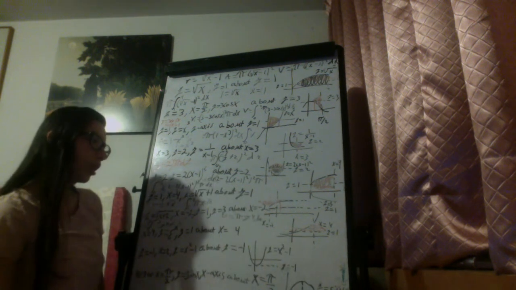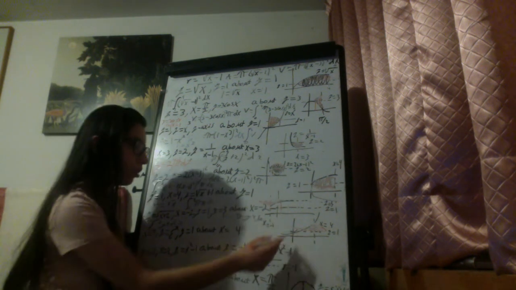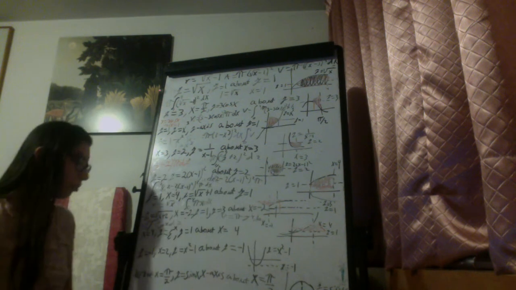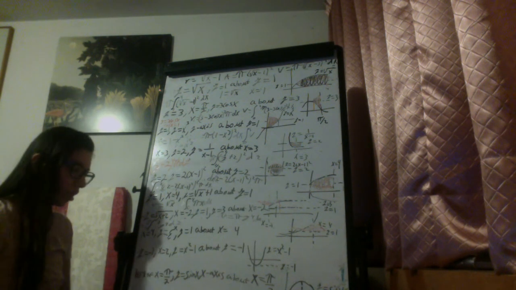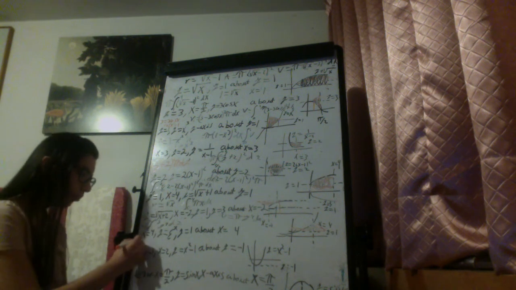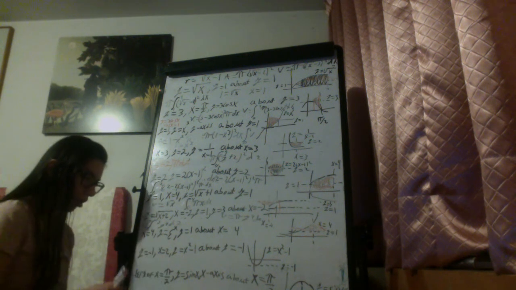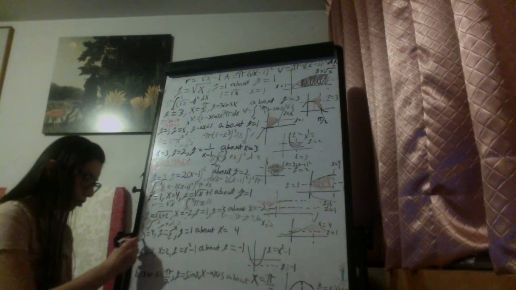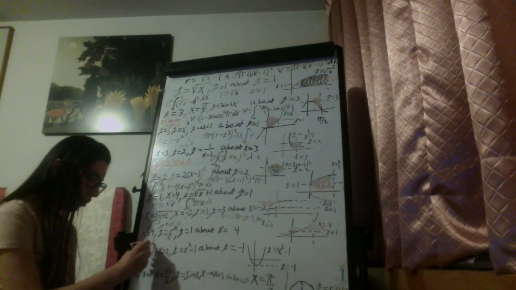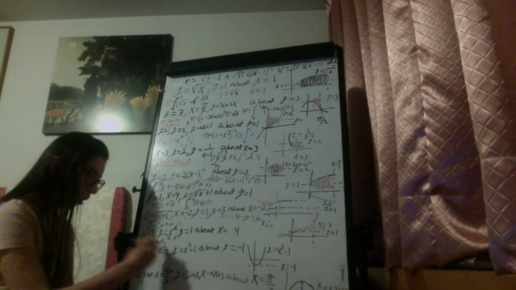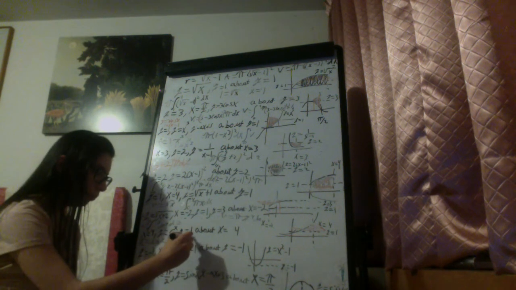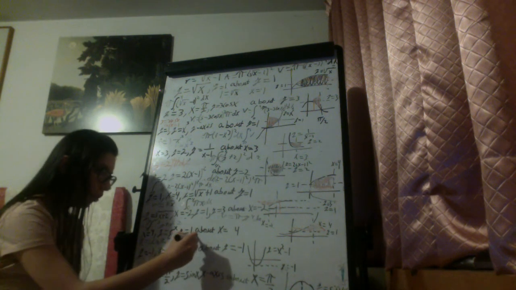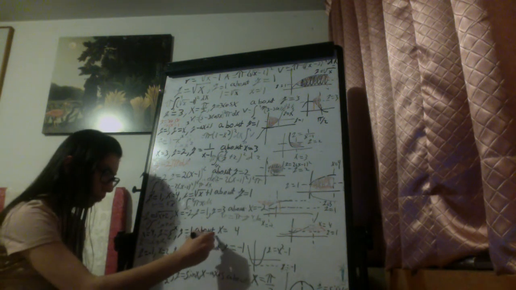So we are subtracting the function from 4. Now we need to put the function in terms of x. We have y equals e to the x, so x will be equal to the natural logarithm of y. So the radius r would be 4 minus natural logarithm of y.